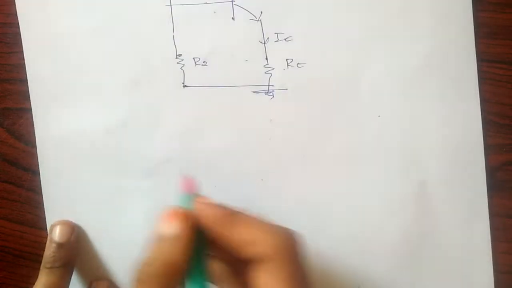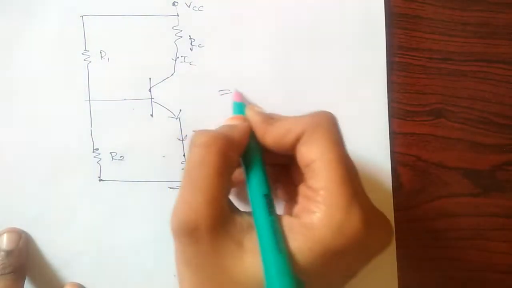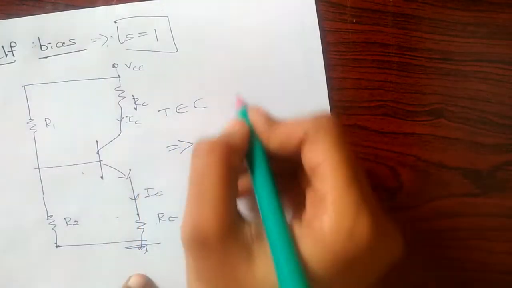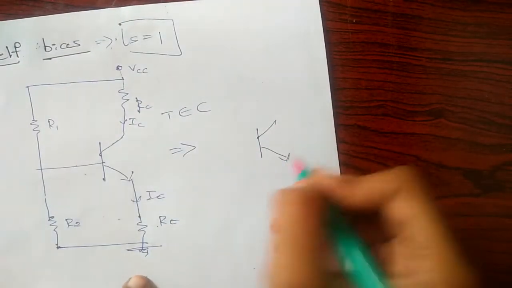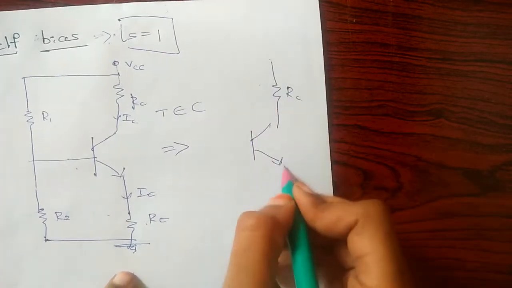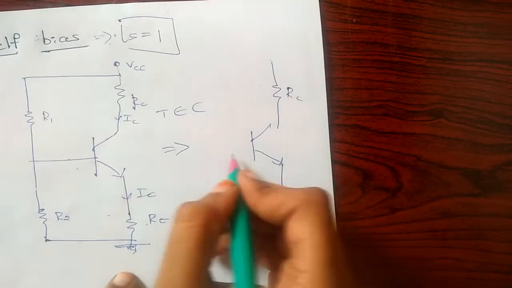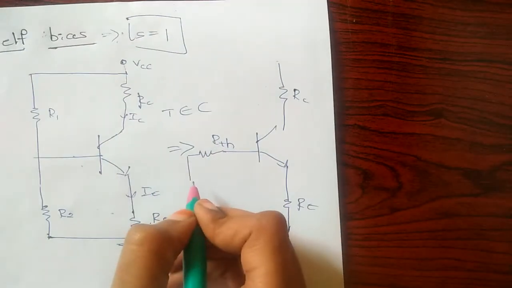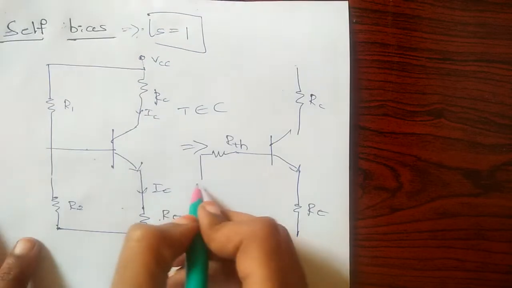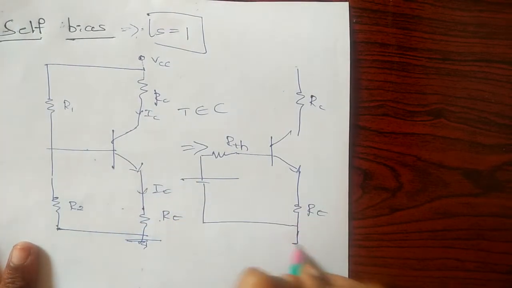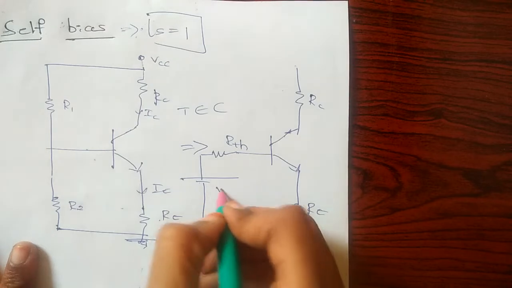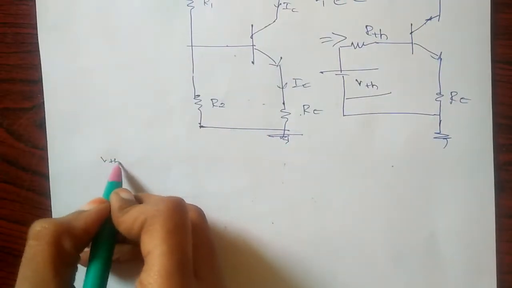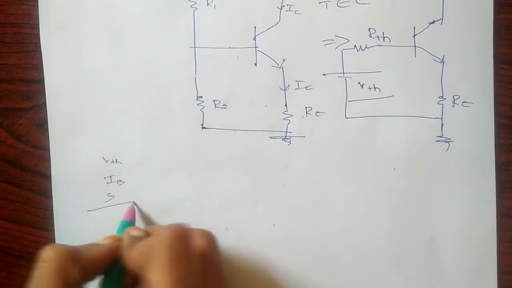So the Thevenin equivalent circuit for this is: transistor, RC, IB, where the equivalent Thevenin resistance and Thevenin voltage VTH. Okay. Let's find out VTH and IB and then the stability factor.